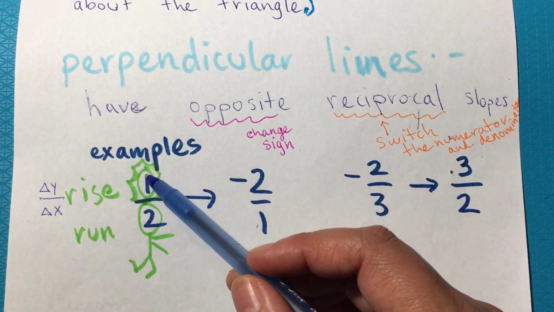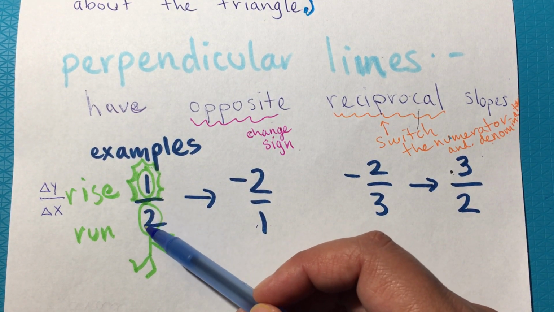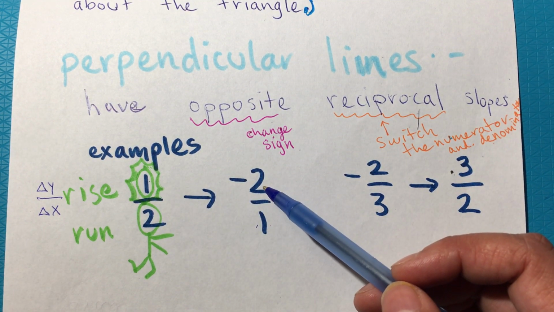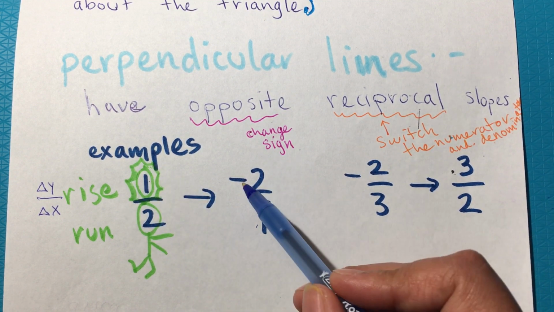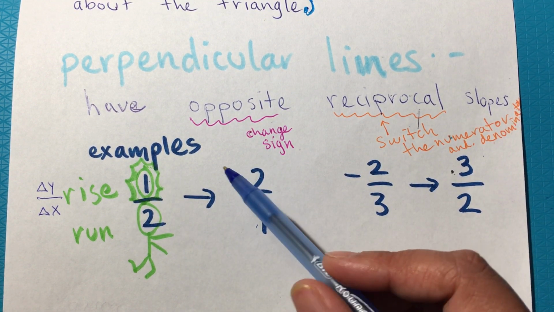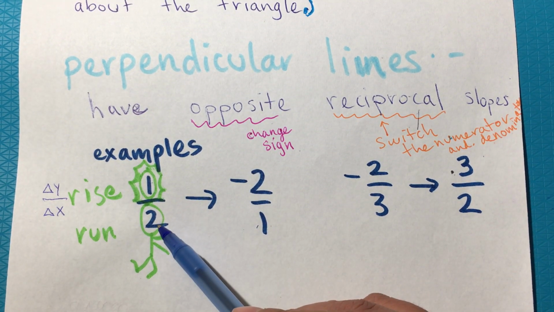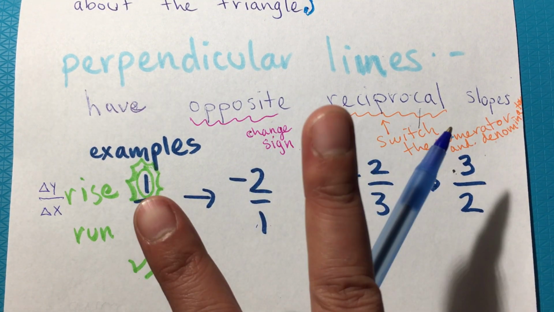And the slope, let's say that for the first side of a triangle is 1/2. The opposite reciprocal would be, if this whole fraction is positive, then it will change to negative. And the 1 goes to the denominator and the 2 that is in the denominator goes to the numerator. Again, 2 changes.